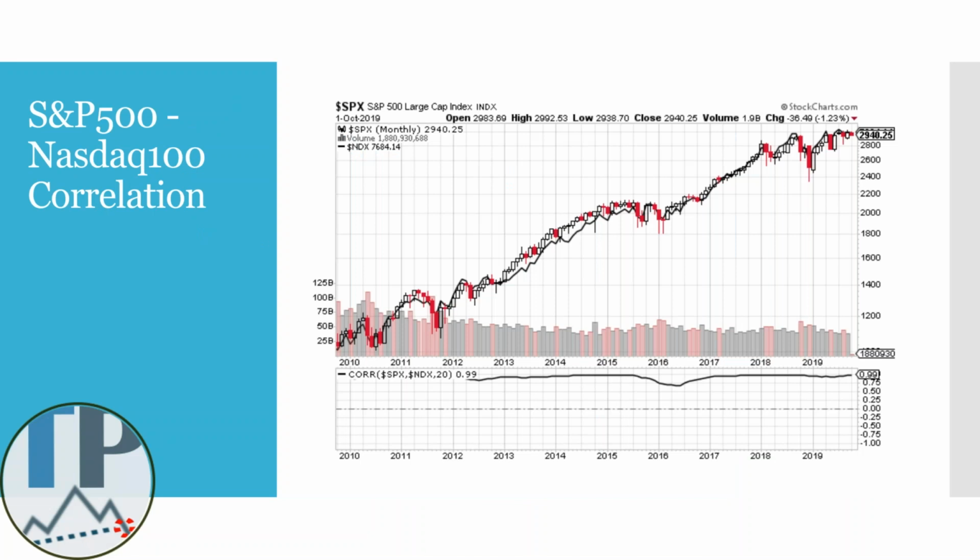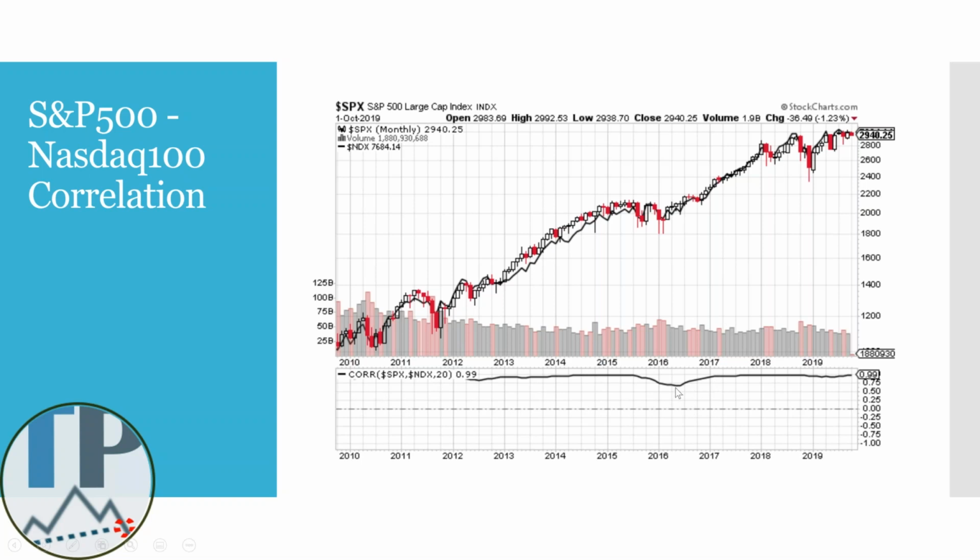With indices, like the S&P 500 and NASDAQ, obviously the correlation's pretty high. We don't ever get negative correlation, or at least within this period of 10 years on this monthly chart, we didn't even get close to a 0 correlation.